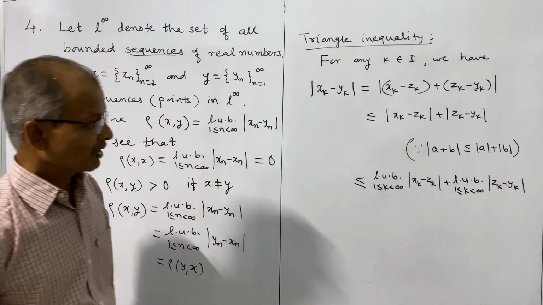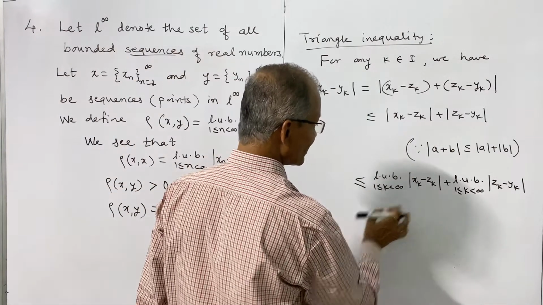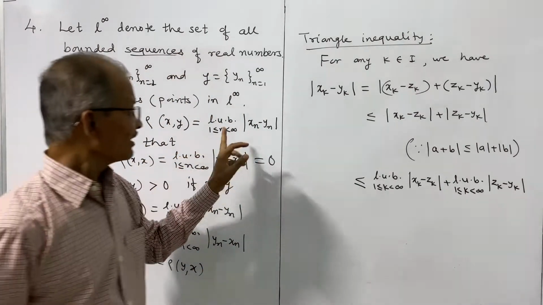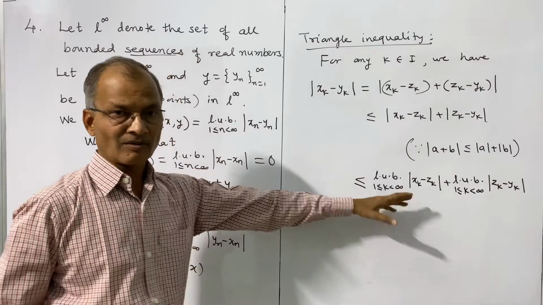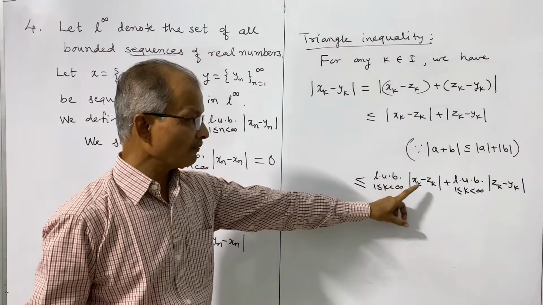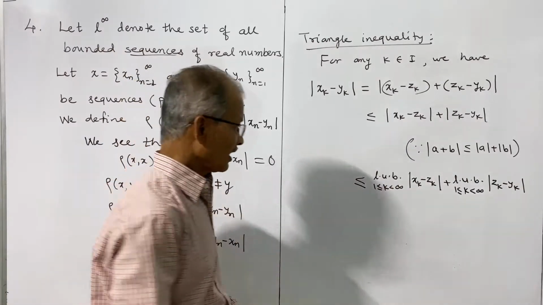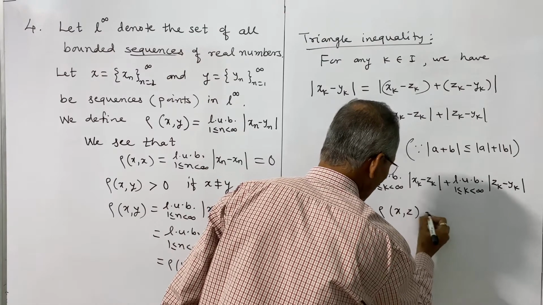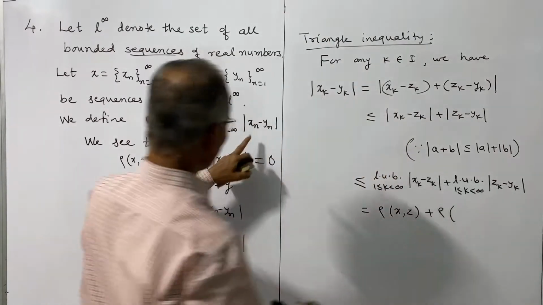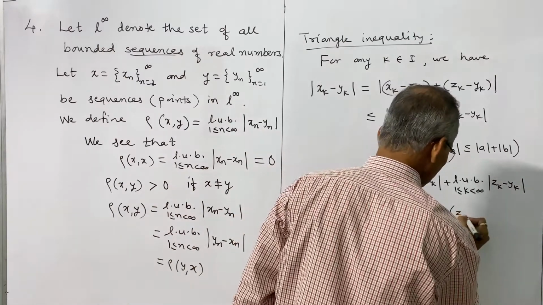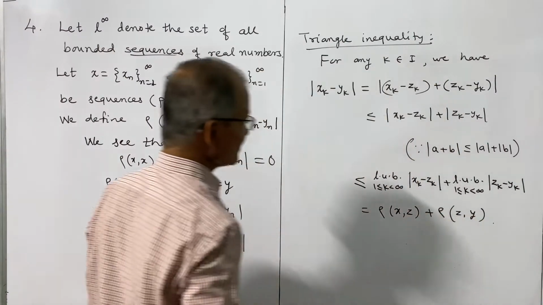But what is this according to the definition? This is the definition of the metric. Instead of n, here we have used k, but it is the same, and therefore this will be rho of x and z, and this is by definition rho of z and y. And what is the left side?